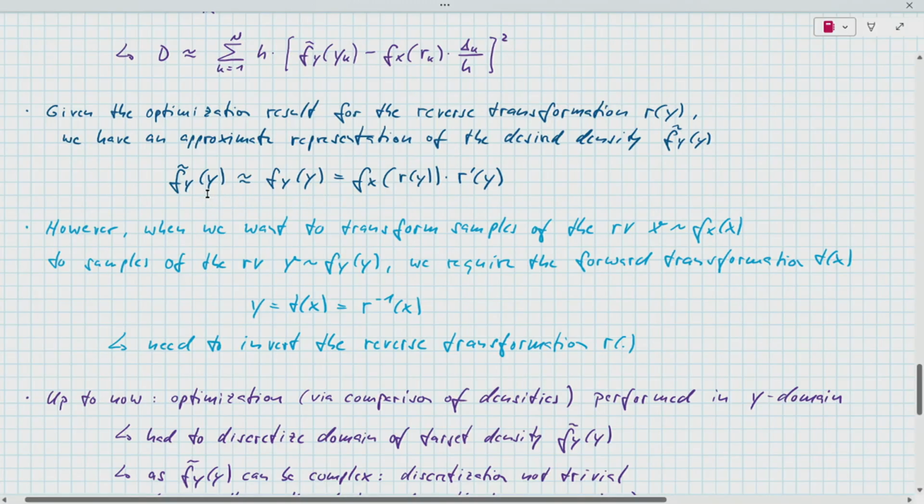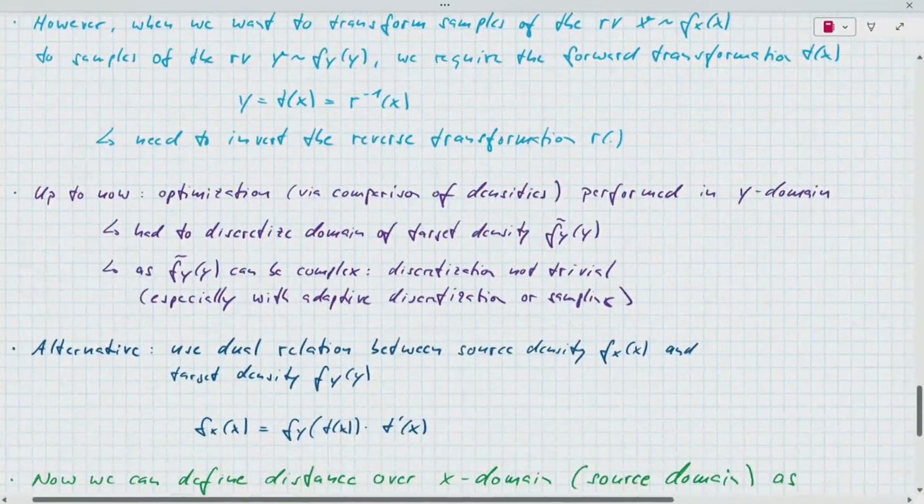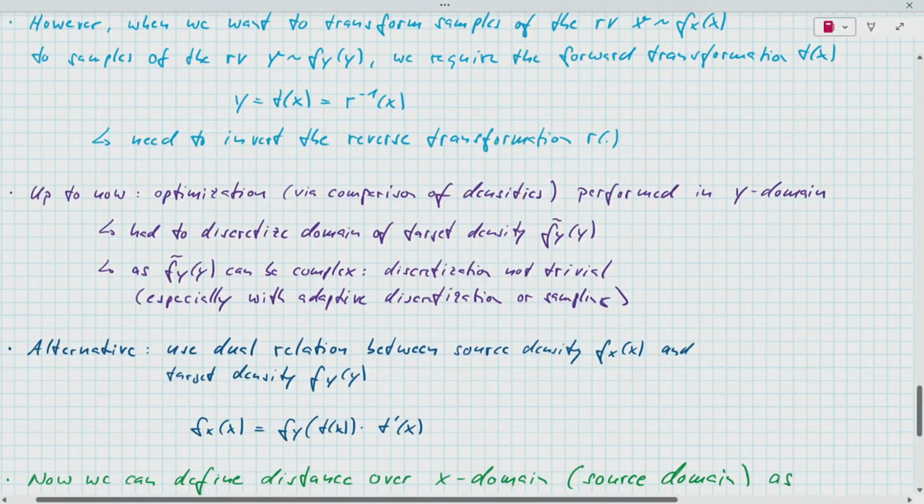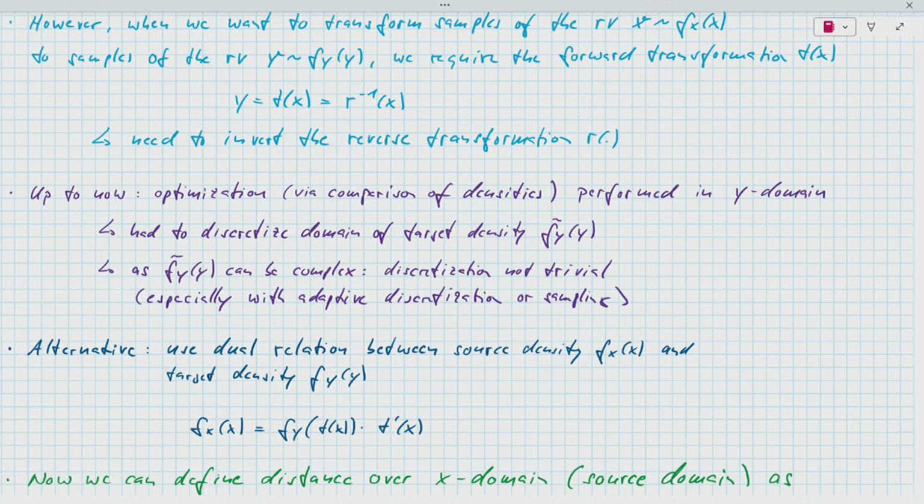That also has some problems. For example, even with the simple discretization, we have to discretize the y domain that we, in fact, don't know. We are given this density in the y domain, but we don't know where this ends. So when you are given even an analytic expression of a complicated density, you have to tell me where the support of this density is.